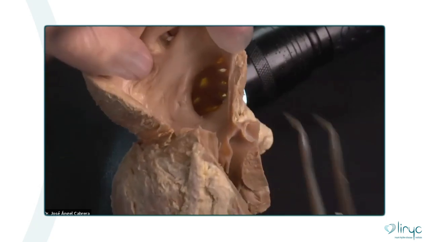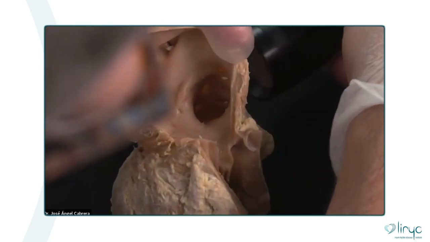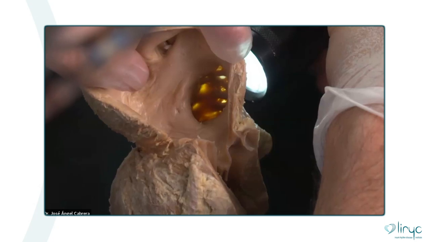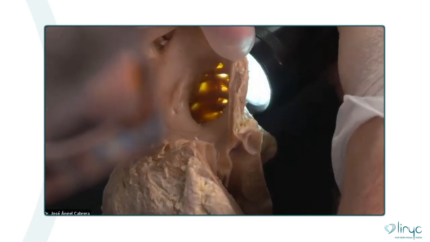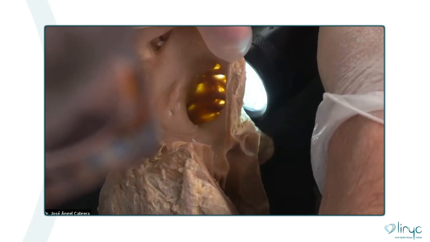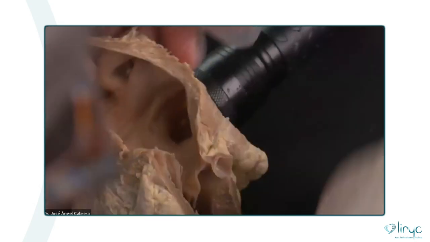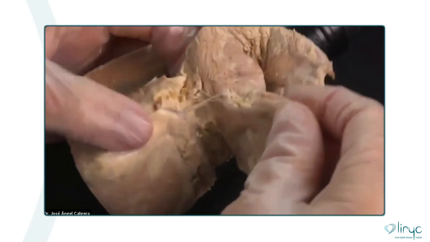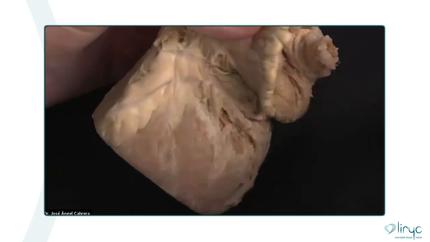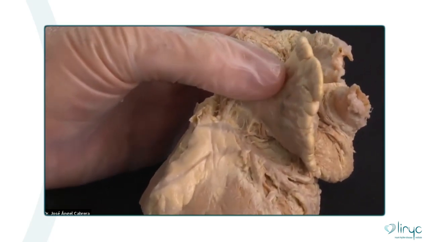To understand the non-uniform myocardial content of the left atrium, note the presence of this trabeculated area of the appendage, and you see the area in relation also with the circumflex artery, the artery surrounding the area that corresponds to the mitral annulus.